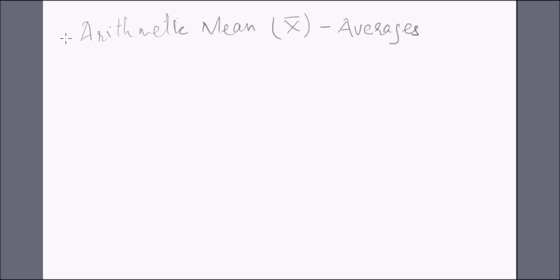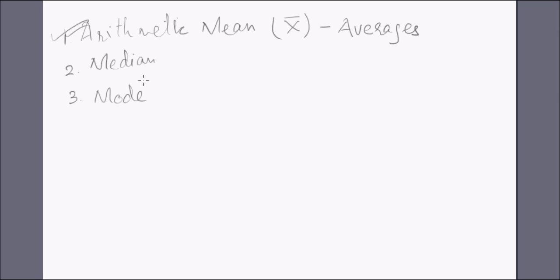We also have two other common central tendency values which we are going to study, and they are the median and the mode. Today's session we will confine our study to the first one, that is arithmetic mean.